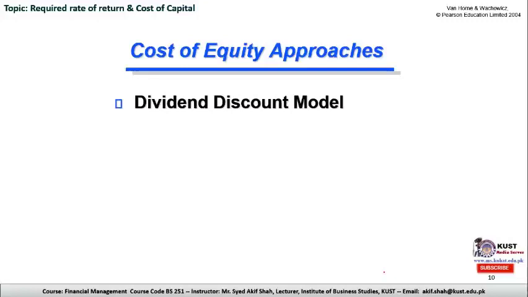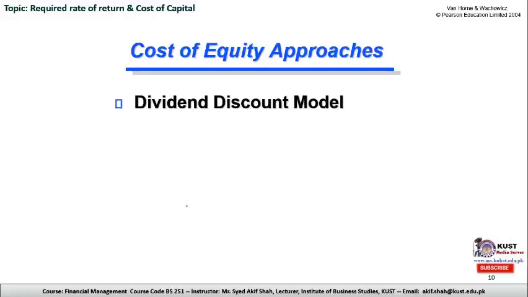Basically, we have three different mechanisms to calculate the cost of equity, which is common stock equity, and to find out what cost the company is bearing to pay out to the common shareholders. So in order to find out the cost of equity, we have basically three approaches to measure the cost of equity to the firm.